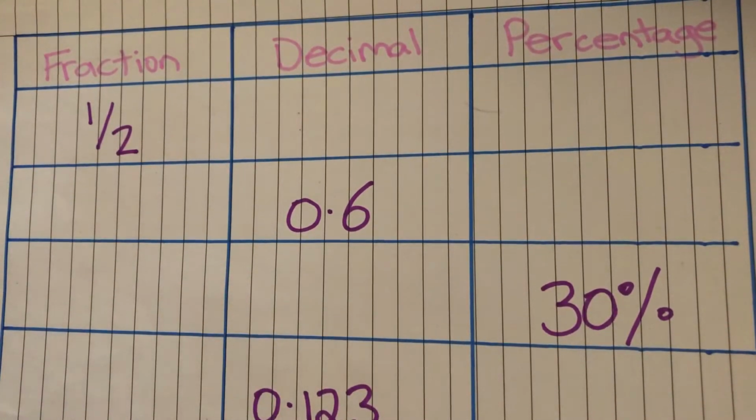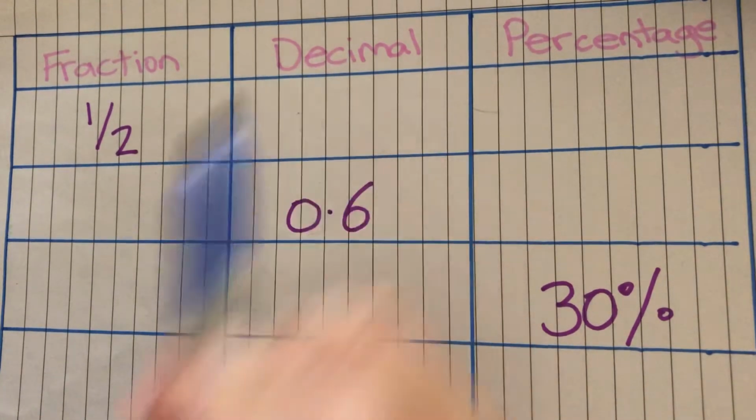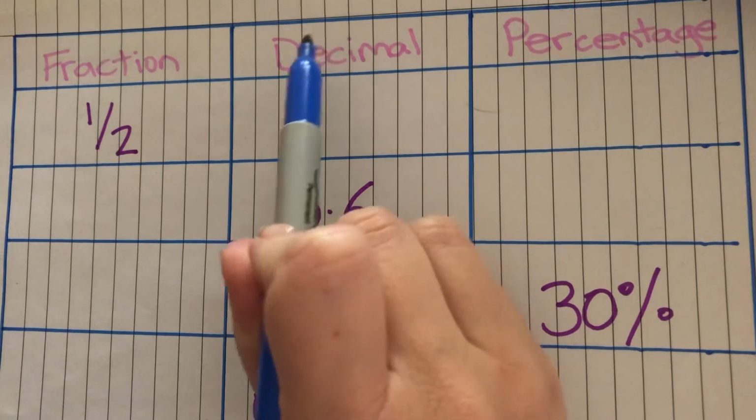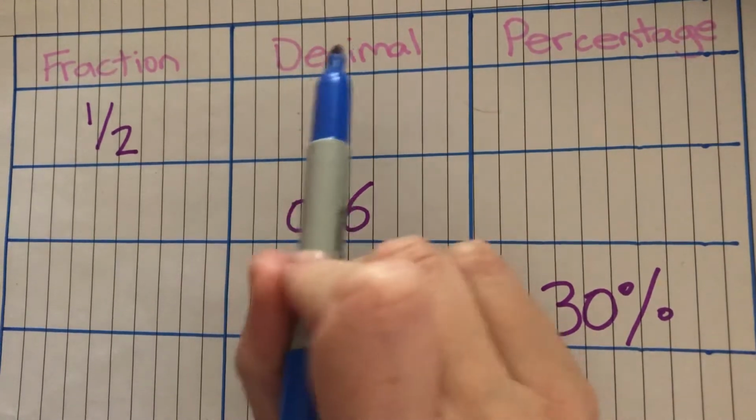So fraction 1/2. Some of you are straight away going to go, duh, that's so obvious, it's 0.5 and 50%. You're right, it is, but why? And how do we work that out? So remember that when we're getting to decimals, we have our place value system.